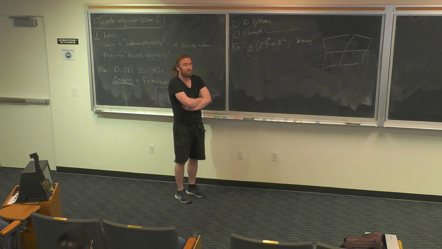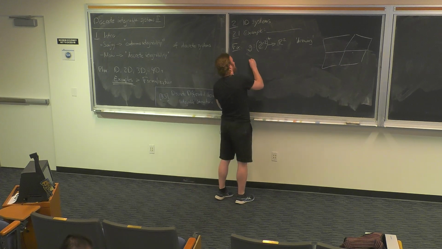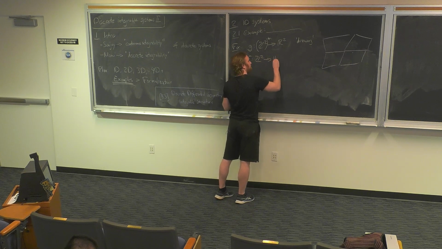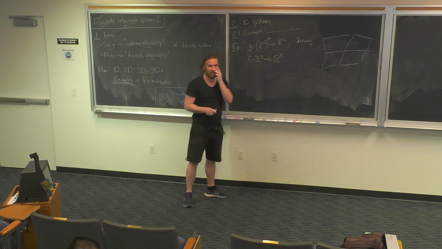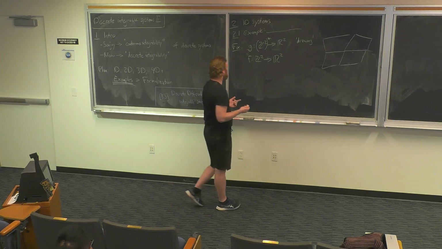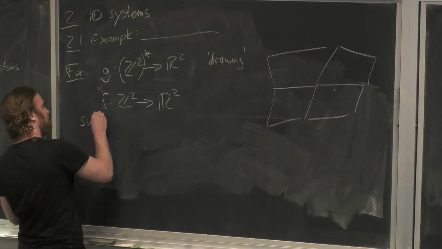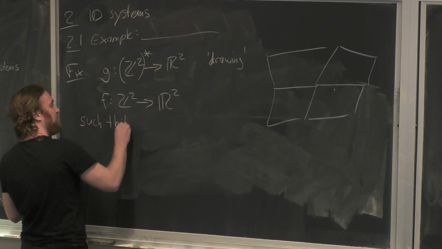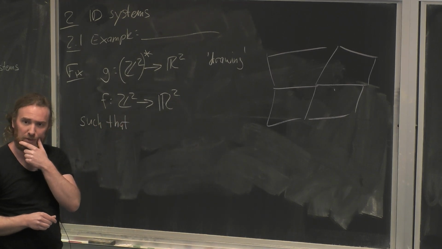And now I want to find a second function. I'm going to call it f, which is now actually defined on Z^2. And I want that f satisfies something. Essentially, I want a condition per edge.